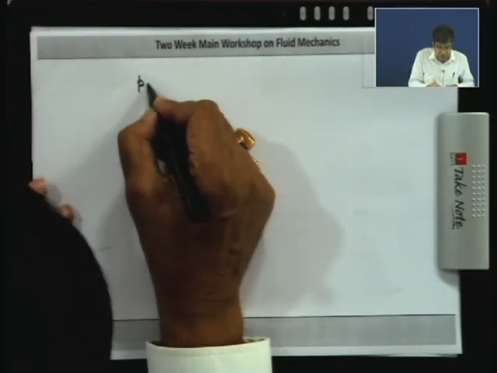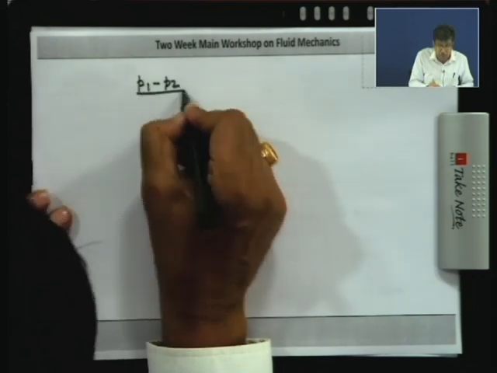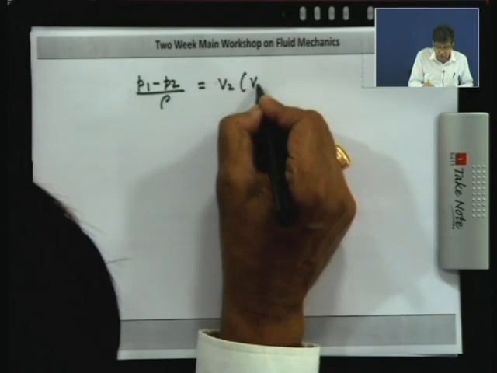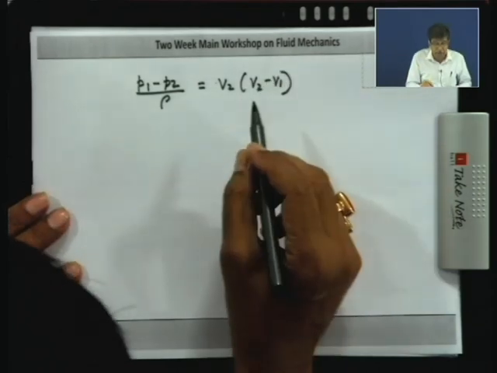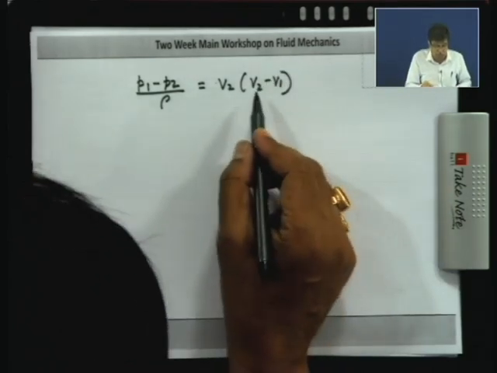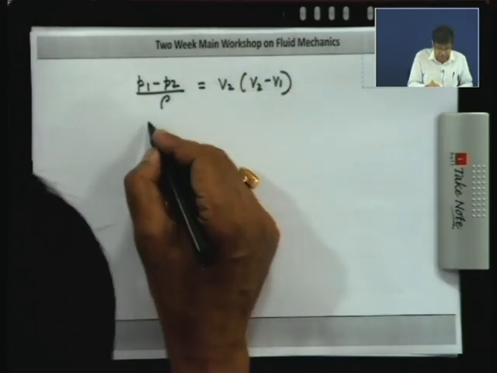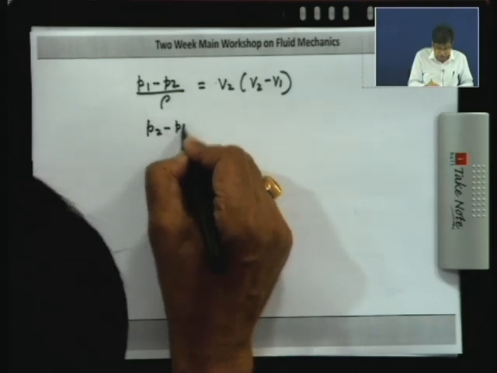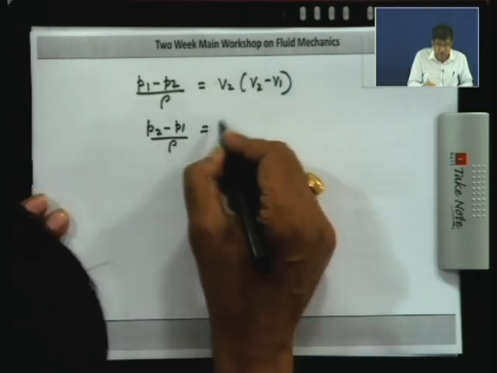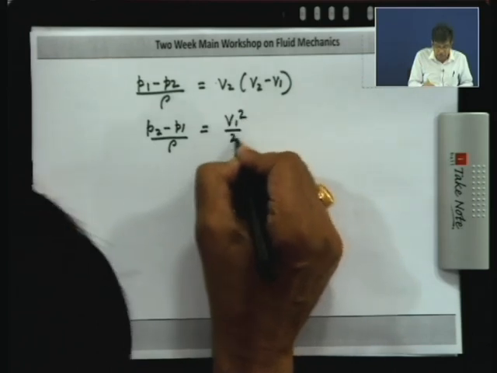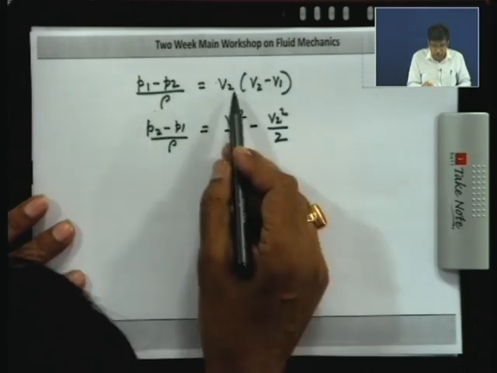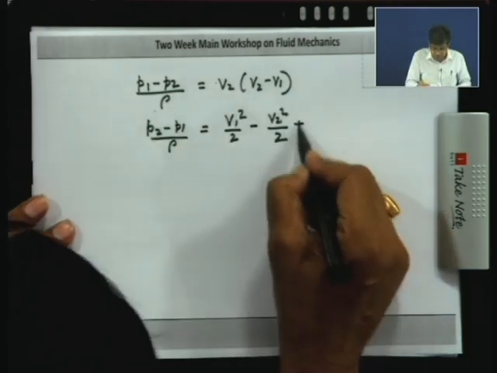So, from the momentum equation I got P1 minus P2 by rho is equal to V2 into V2 minus V1. And from Bernoulli's equation, P1 minus P2 by rho is V2 square by 2 minus V1 square by 2 plus the losses.